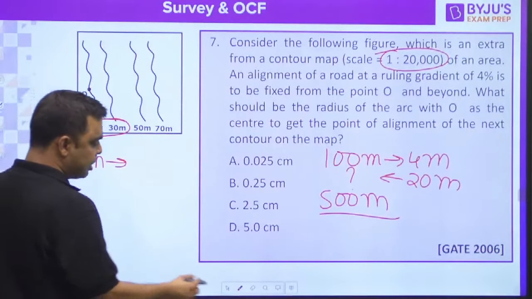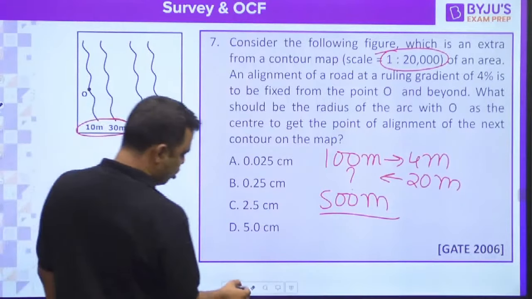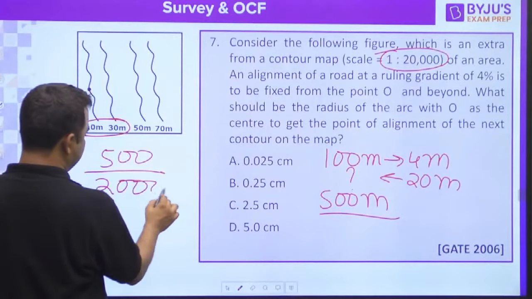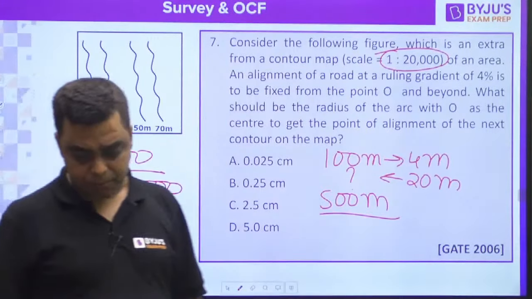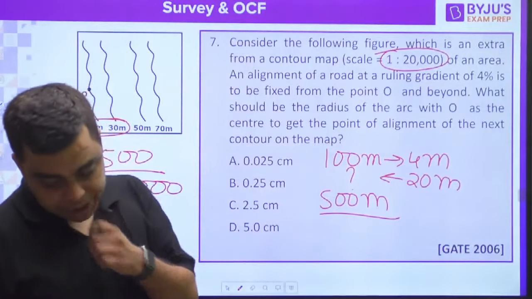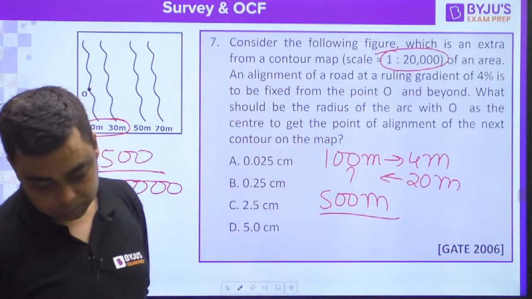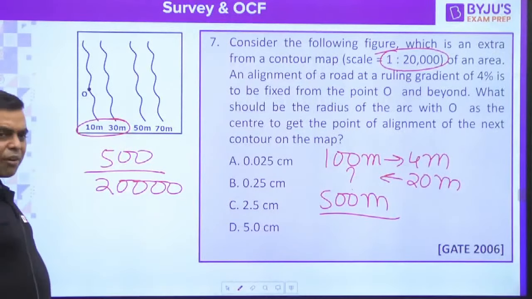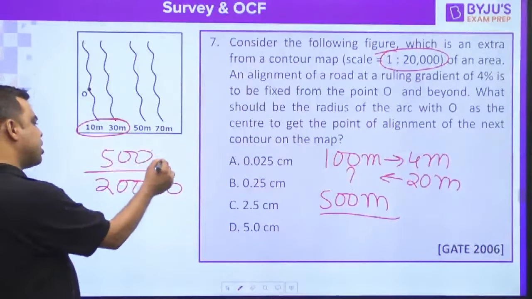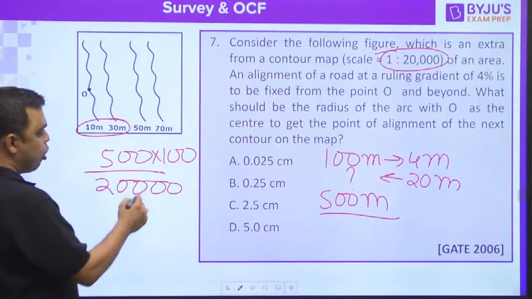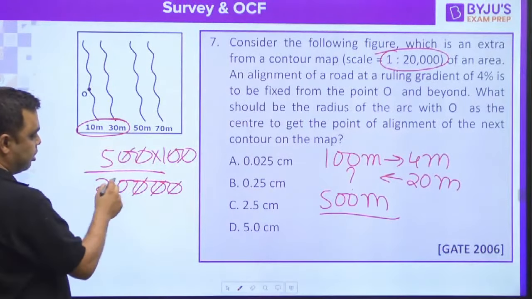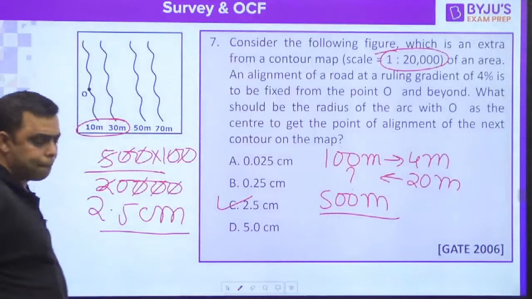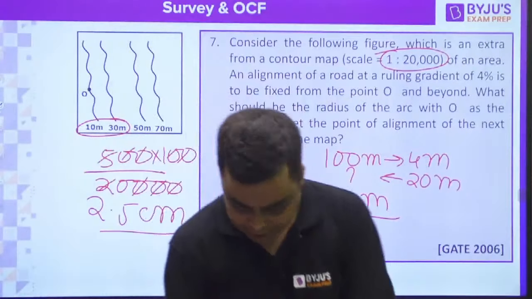Or simply, we can divide it by 20,000. What value will I get? That value will be in terms of meter. To convert this into centimeter, I multiply by 100. So how much will be the answer? 2.5 centimeter. So the answer will be C. Everyone, is it clear?